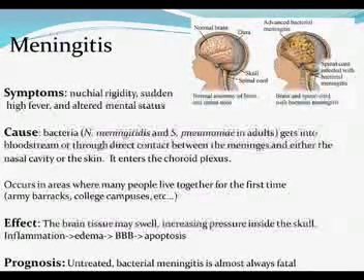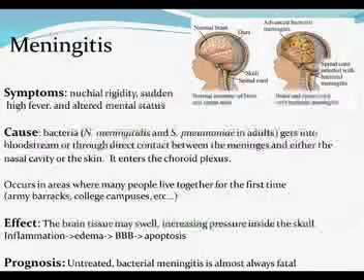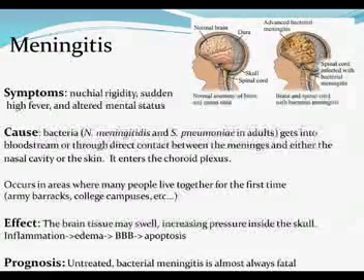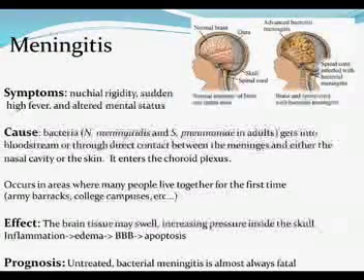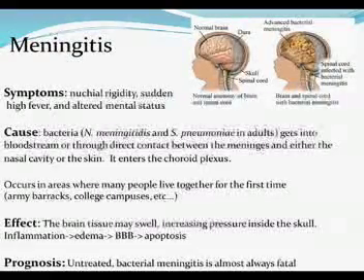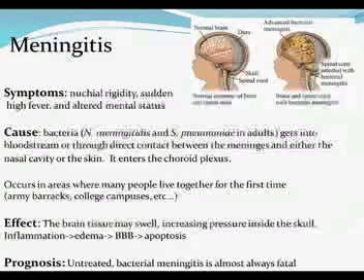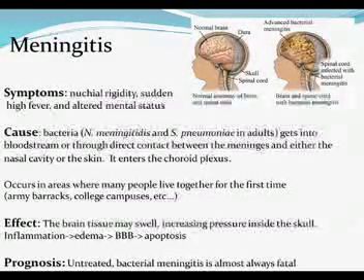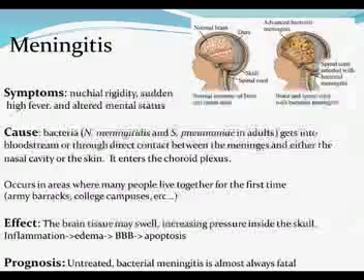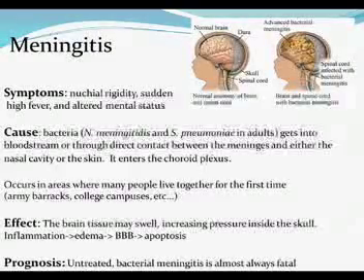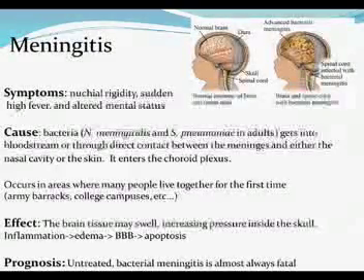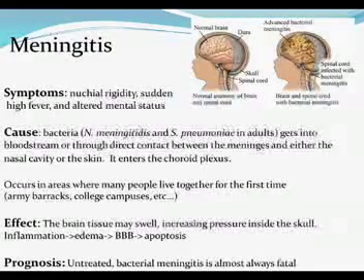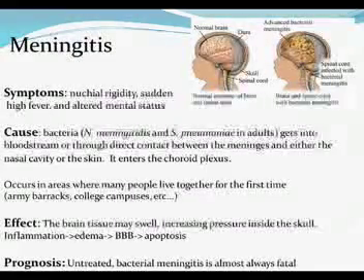So meningitis can be a bacterial, fungal, or viral infection of the meninges. It typically enters the area through the choroid plexus, which is a structure where CSF is created and secreted into the brain.